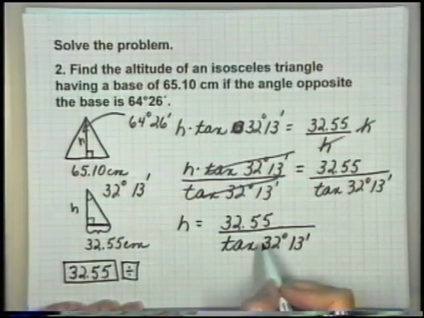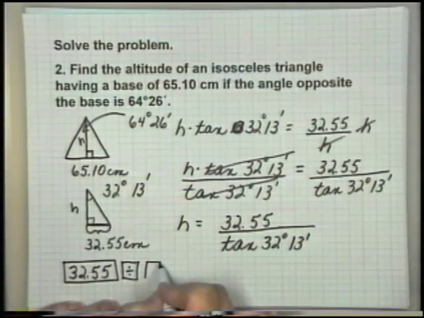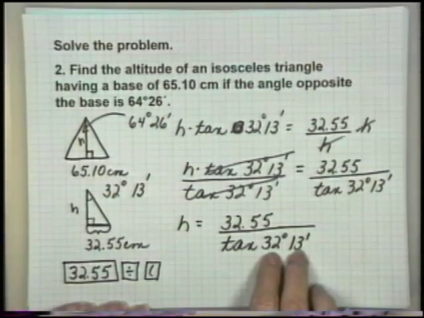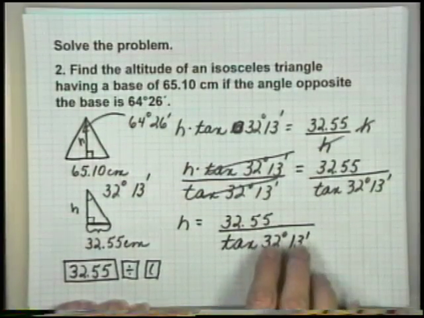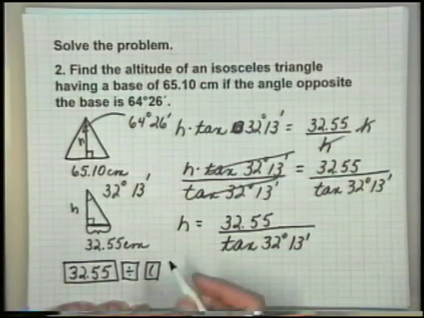Now, because I'm using a scientific calculator, I'll have to put my angle in first, and because I want to convert it to decimal degrees, I'm going to use my parentheses. Remember, if your calculator has a shortcut way to convert degrees and minutes to decimal degrees, use it.